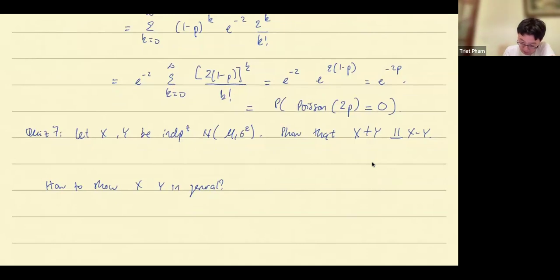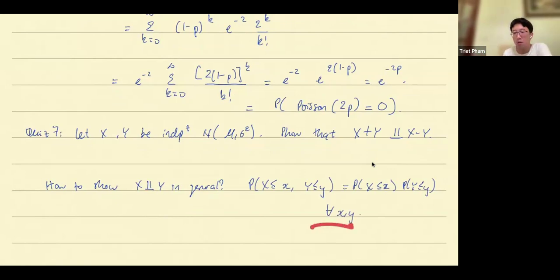Well, almost by definition, if you have this happening for all values of little x, little y, then they're independent.